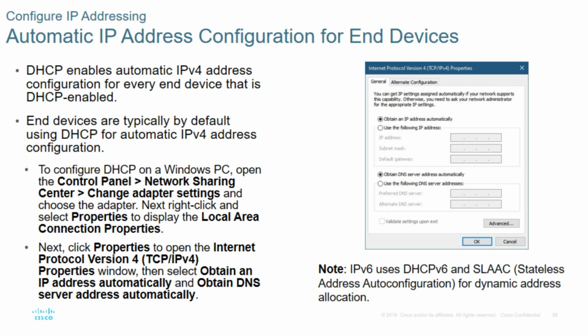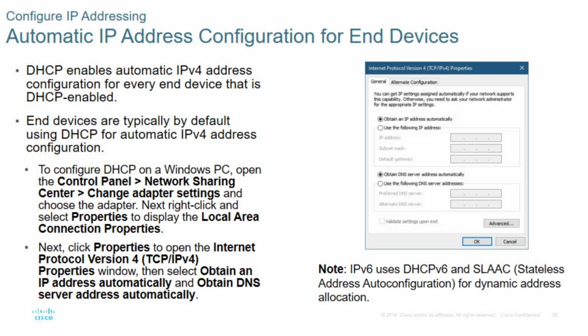Now, automatic IP address configuration for end devices. End devices typically default to using DHCP for automatic IPv4 address configuration. DHCP is a technology that is used in almost every network. The best way to understand why DHCP is so popular is by considering all the extra work that would have to take place without it.